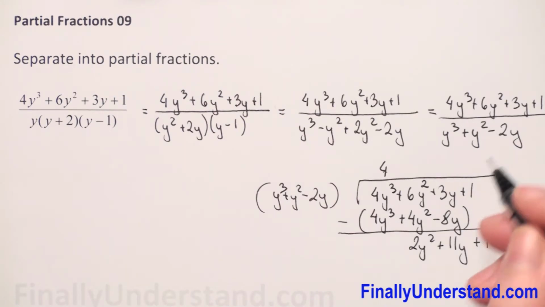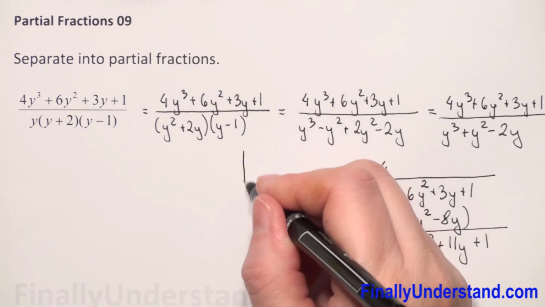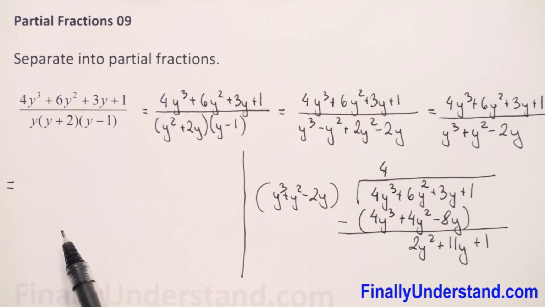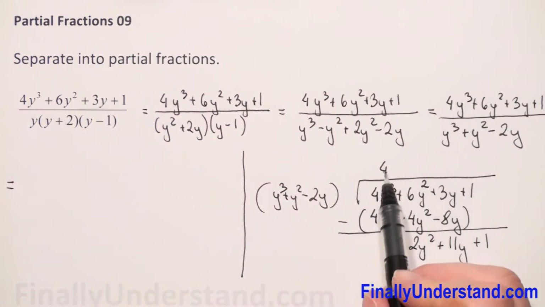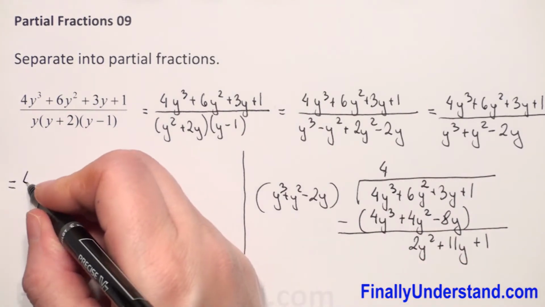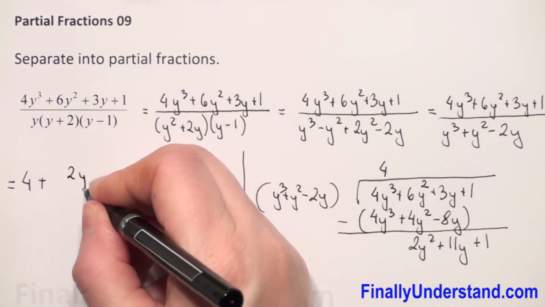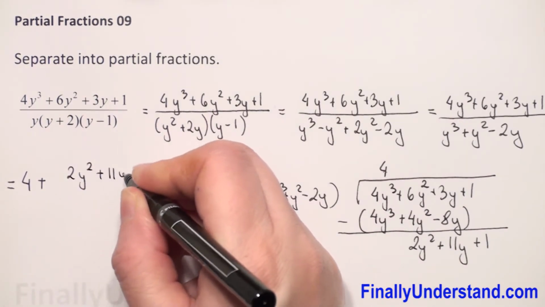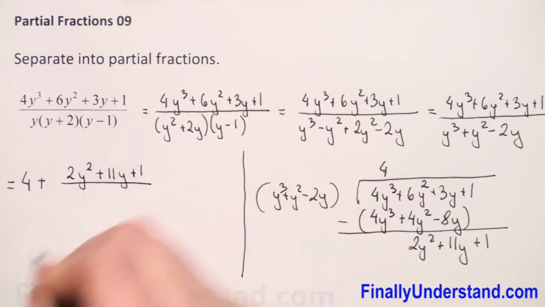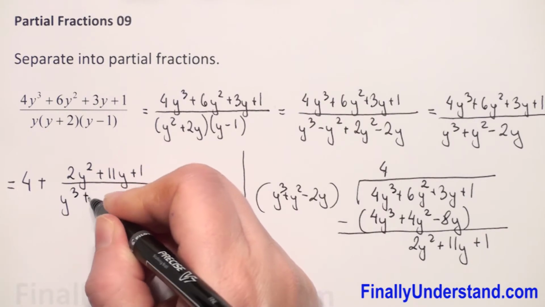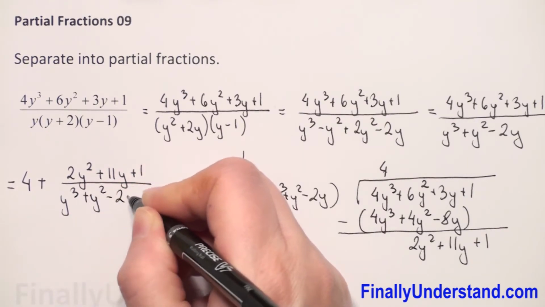and now we can rewrite that our original fraction will be equal to whatever we have on the top, which is 4, plus, and now we have our remainder over our divisor. So this is 2y squared plus 11y plus 1 over y cubed plus y squared minus 2y.